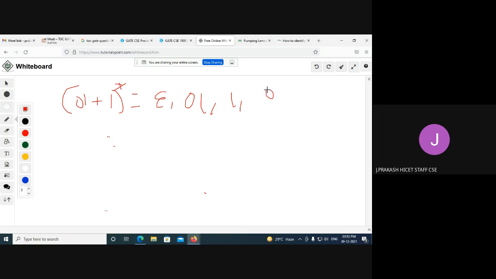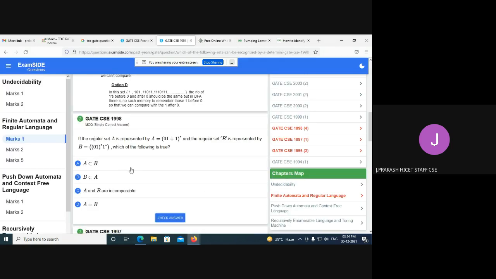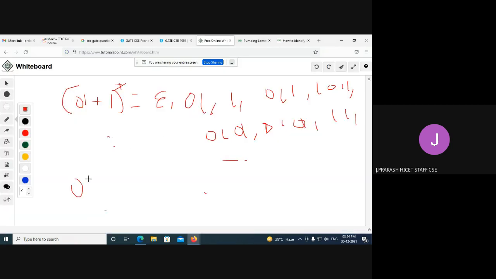Next 0 1 1 1 0 1 1, 0 1 0 1 1 1. Keep on going like this. And second expression: (0 1) whole star, (0 1 1) whole star. Next 1 star. (0 1) whole star 1 star.